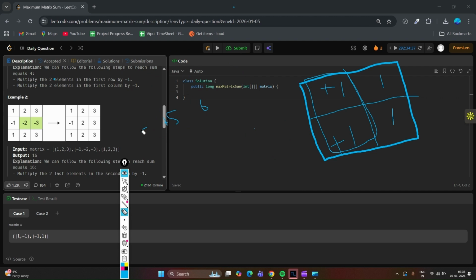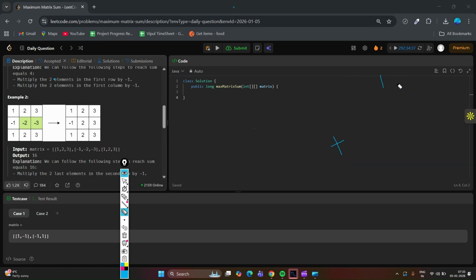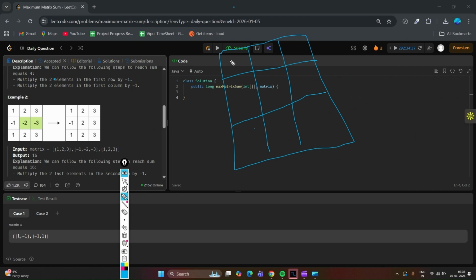Just 1 minute. Suppose I'm again doing this. Suppose I have an array, okay? I have a matrix, and this is also a 3 by 3 matrix. Now look, suppose here I have 2, here I have minus 3, here I have minus 4, here I have 1, 1, and here I have minus 1, here I have 3, 2, anything.